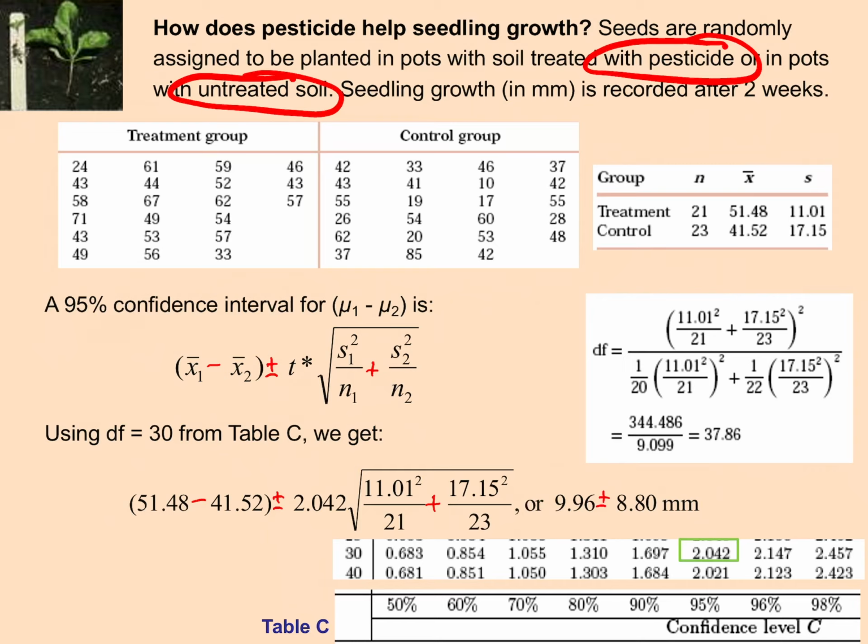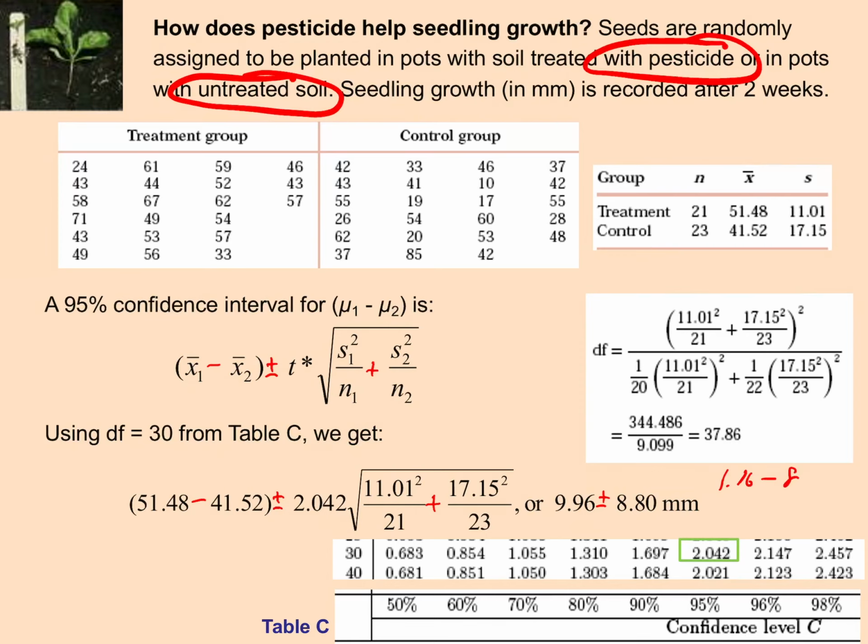Let me do some calculation here on a calculator. If you take 9.96 and subtract 8.8 from it, you get 1.16. Let me do that math real quick.